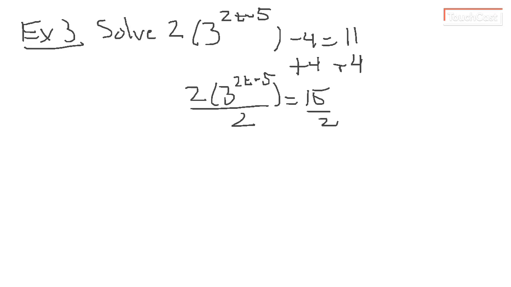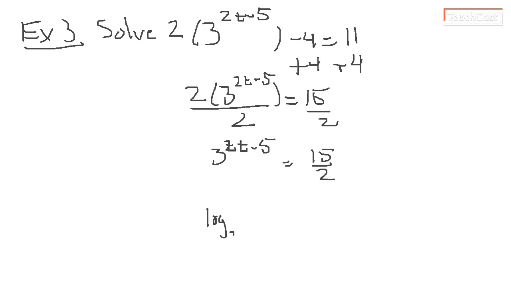So we're going to end up with 3 to the power of 2t minus 5 equals 15 over 2. And I'm going to leave it that way for now, because I'm going to take the log of both sides, and when I take this log, I'm going to use the base I have on this exponent.